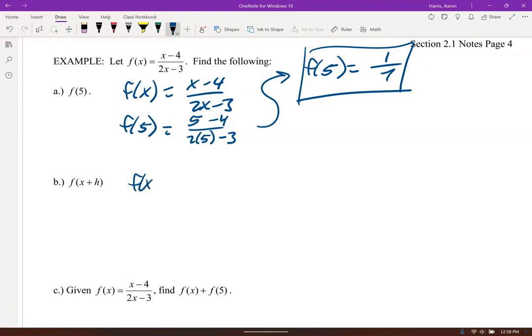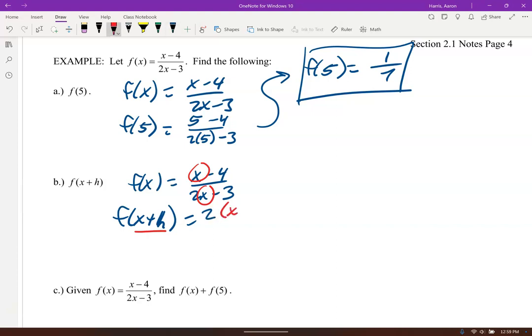If f of x equals x minus 4 over 2x minus 3, f of x plus h would be, now the x plus h goes in for the x's. So I'll have 2x plus h minus 4 over, no, it's x minus 4, I'm sorry. x is x plus h.